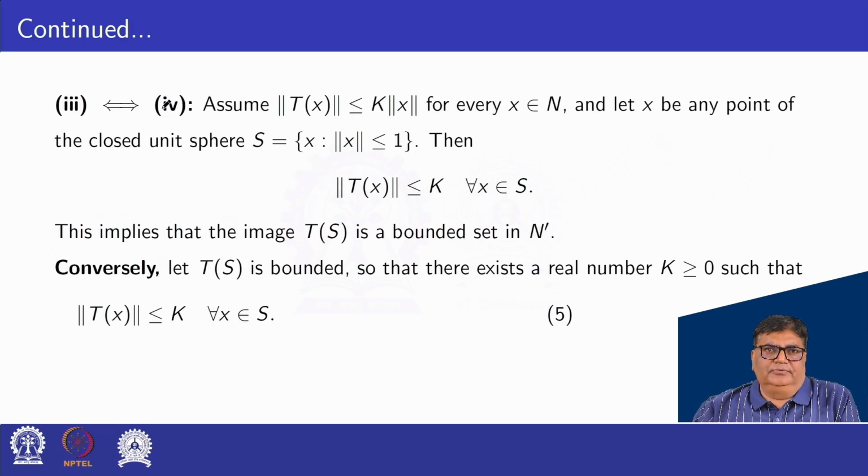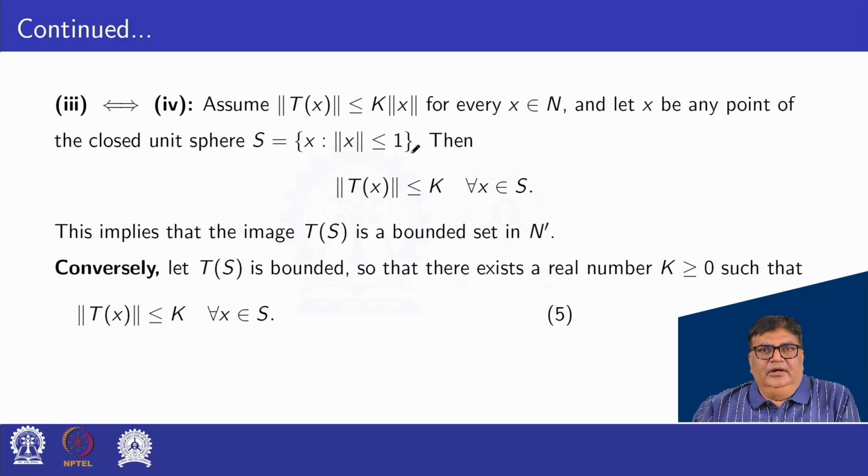Third to fourth. In third, we have T is a bounded linear transformation. So assume norm Tx is less than or equal to k norm x for every x belonging to N, and let x be any point of the closed unit sphere S, which is the set of x such that norm x is less than or equal to 1, as per the definition of the closed unit sphere in a normed linear space.